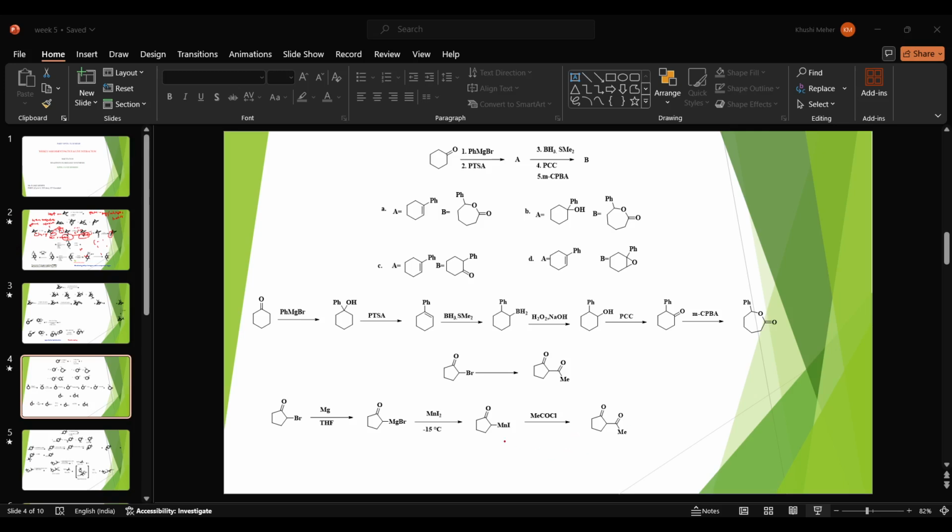That's why first you have to make a less reactive reagent compared to the Grignard reagent, by using manganese, to control the reaction and stop it at the keto stage, so that further reaction does not happen. You have to control it by using the manganese reagent, and you will get the corresponding final product as a 1,3-diketone.